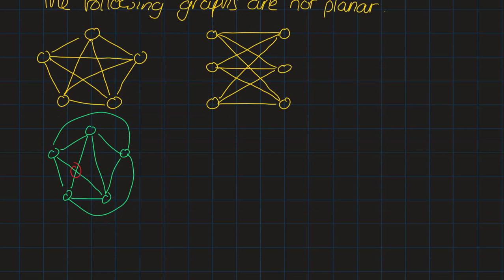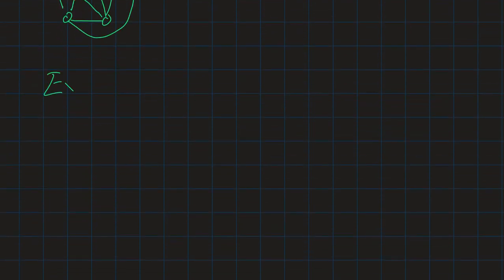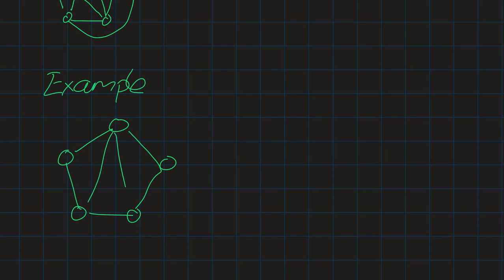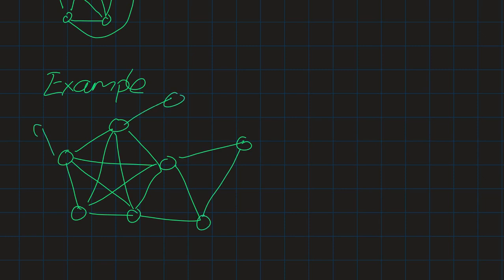So what do I mean by this? If I drew a graph, a really simple example, so if I draw this graph right here, and then I just add a bit to it, like this, okay? I'm randomly just adding bits to it. Well, it's still non-planar.